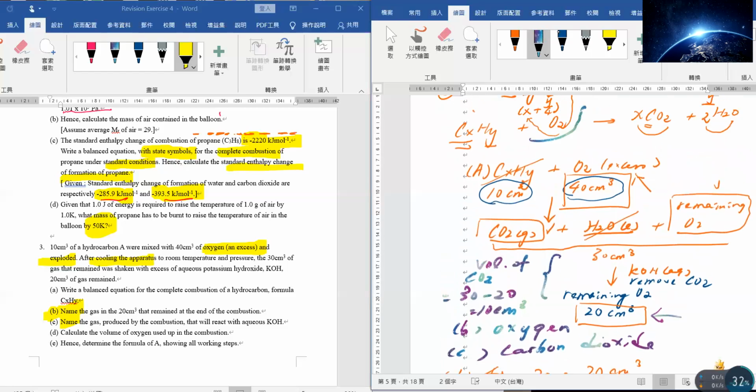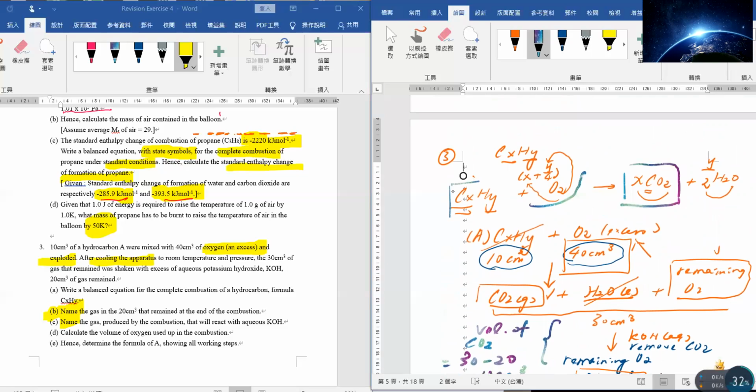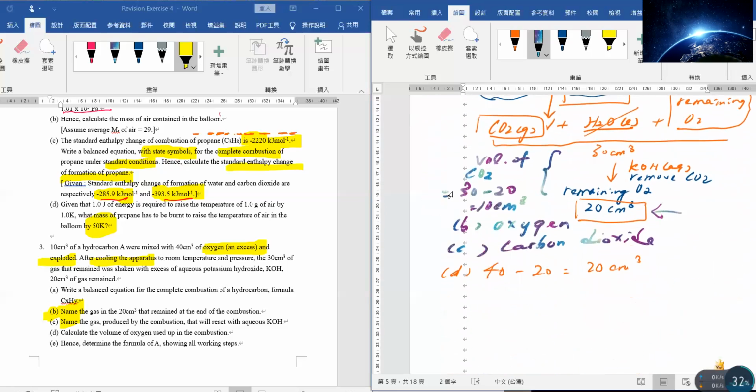Now I want you to look at this one, okay, and this one. The mole ratio is 1 to x, okay? What I'm doing is mole of CxHy over mole of carbon dioxide will be equal to the volume of CxHy over the volume of carbon dioxide.